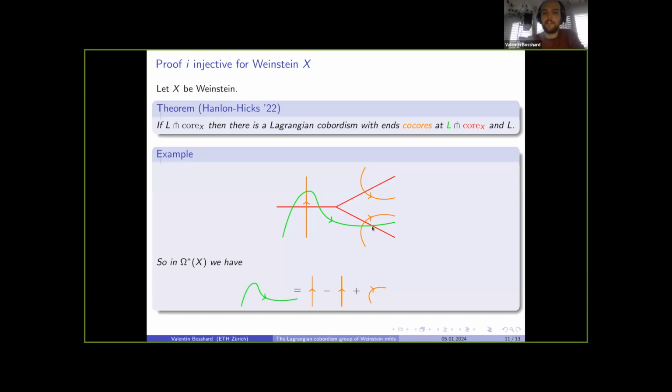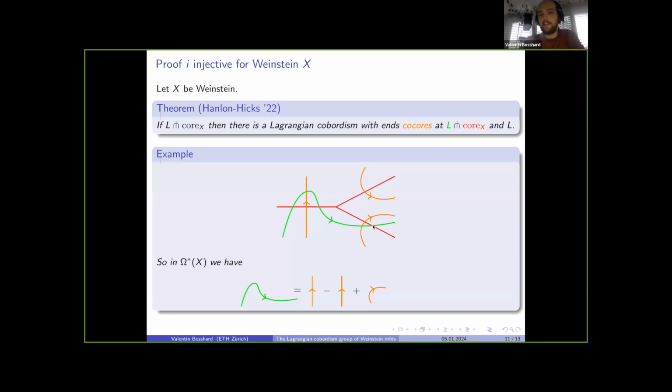So in the Lagrangian cobordism group, we have here this co-core, because you can just transport it over here by a Lagrangian isotopy. Then we actually get minus the same co-core again, because now if you look at L, it goes in the other direction than the co-core, so we get minus this Lagrangian co-core.